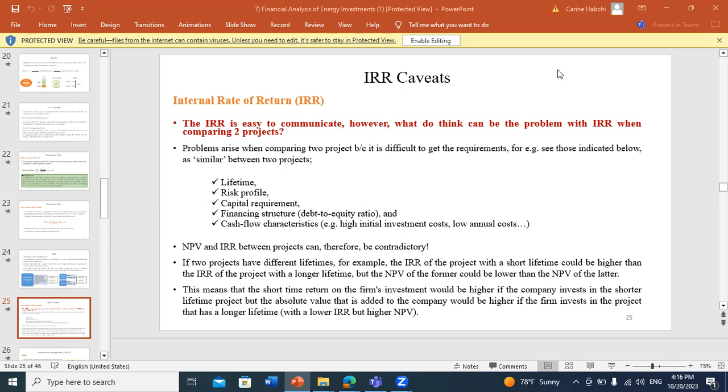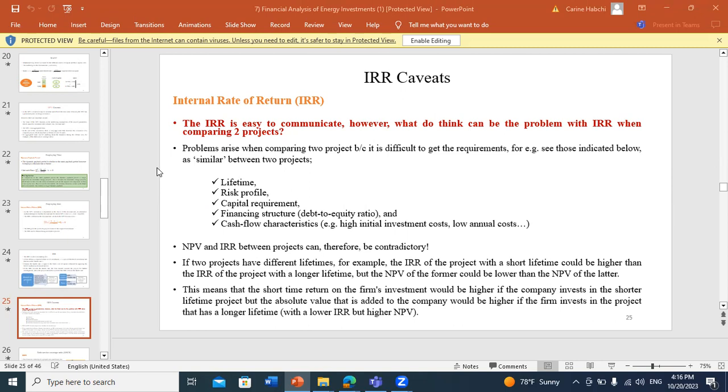And we'll see in this session that sometimes in order to make a decision, we need to compare several factors. We can calculate the internal rate of return, let's say, for different projects, and also we should compare the NPV. In the majority of cases, the two will give us the same recommendation.